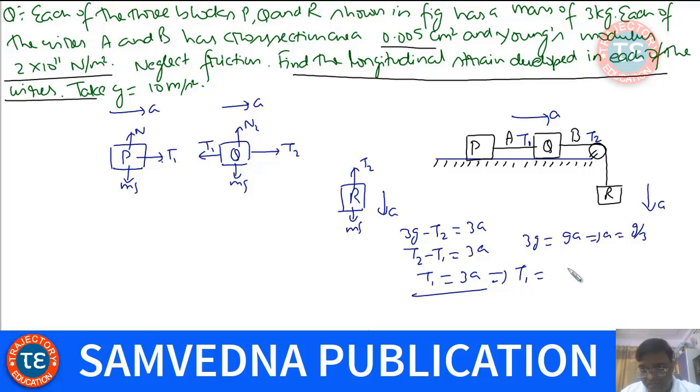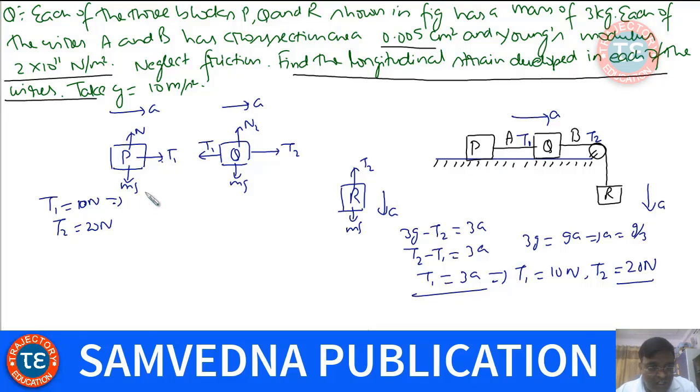Getting the point? So from here we get T1 as 3a, so it is 10 Newton, and then T2 is 10 Newton plus 10 Newton, 20 Newton. So T1 is 10 Newton and T2 is 20 Newton.